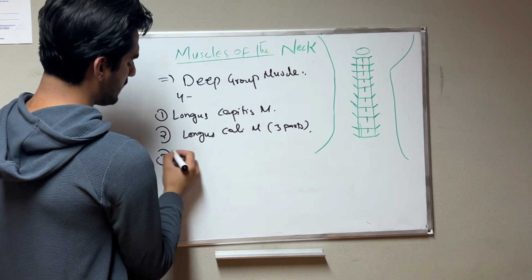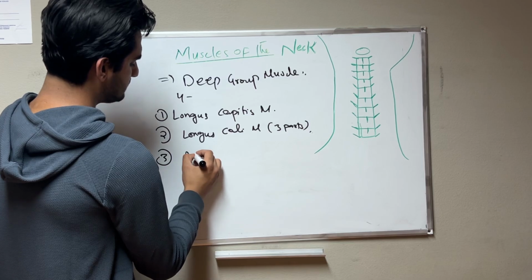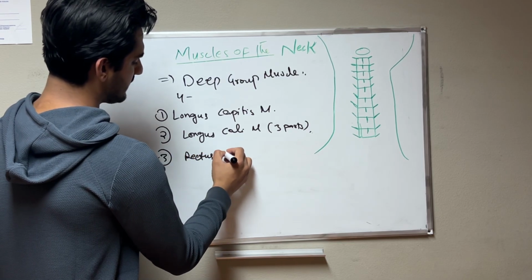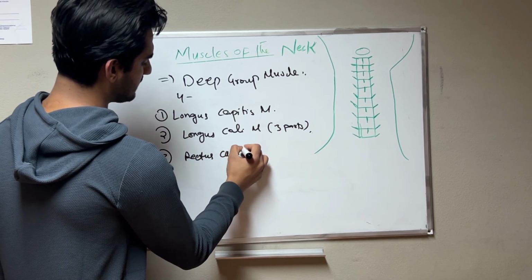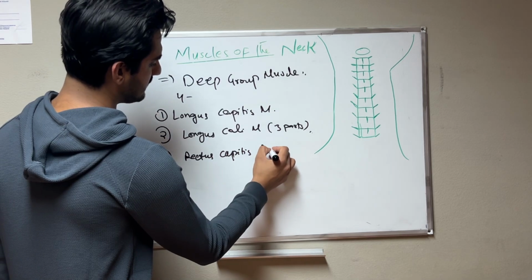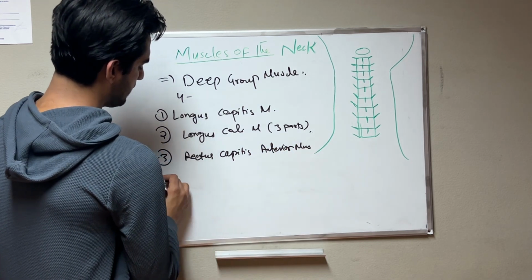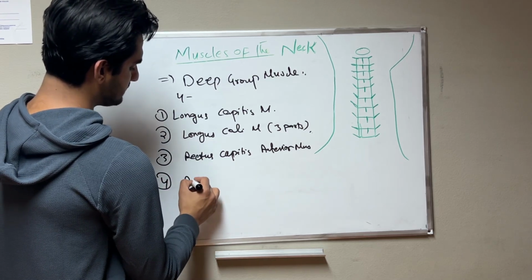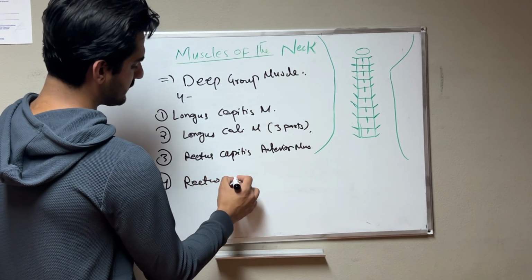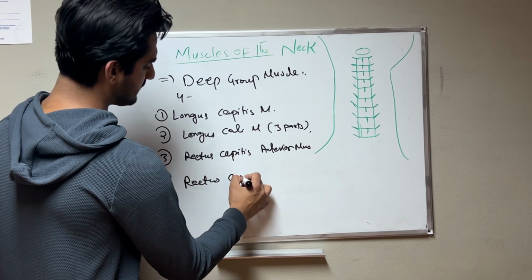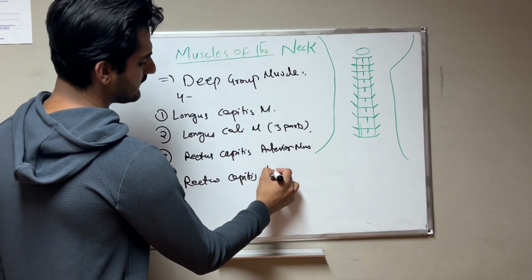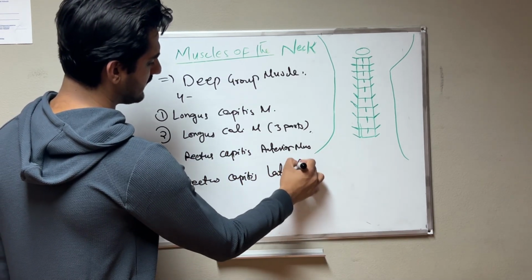Then third muscle we have rectus capitis anterior muscle. Fourth one we have rectus capitis lateral muscle, or lateralis muscle.